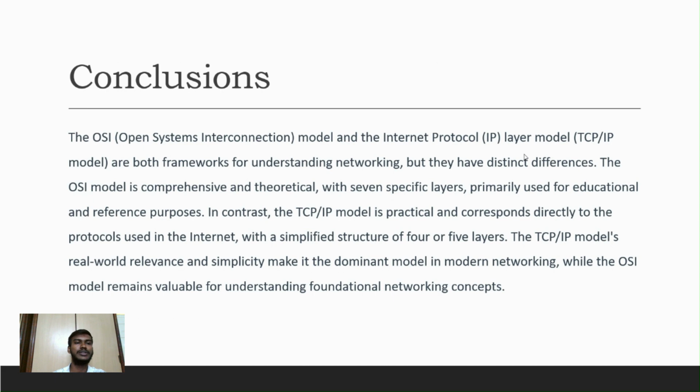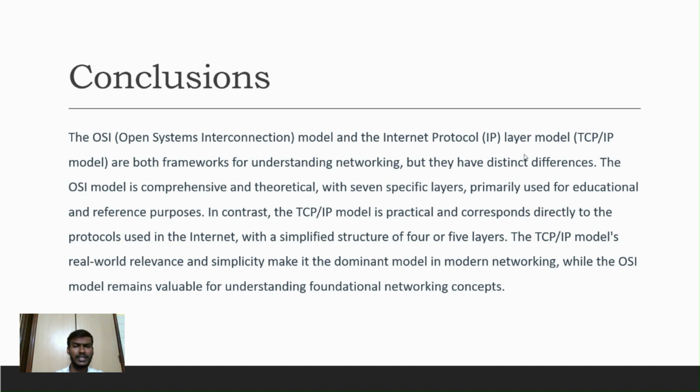Let us see the conclusion and summary. The OSI, Open System Interconnection Model, and Internet Protocol Layer Model are both frameworks for understanding networks, but they have distinct differences. The OSI model is comprehensive and theoretical with seven specific layers, primarily used for educational and reference purposes.